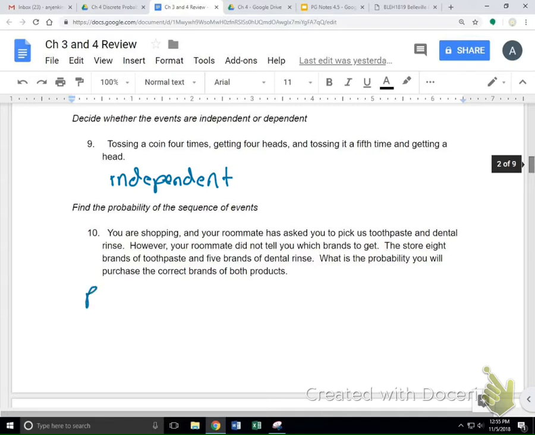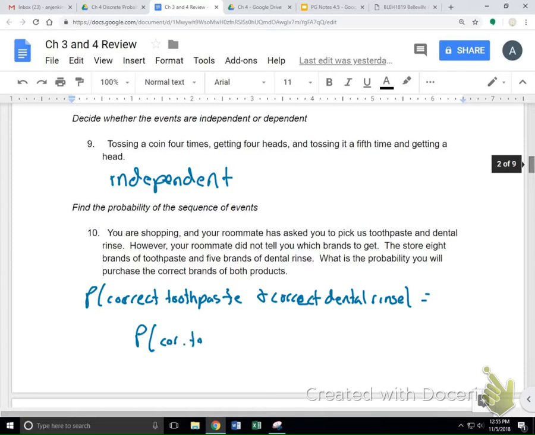So the probability of the correct toothpaste and the correct dental rinse equals the probability of the correct toothpaste times the probability of the correct dental rinse. And we know that for the correct toothpaste, there are 8 options, so it's going to be 1 over 8.